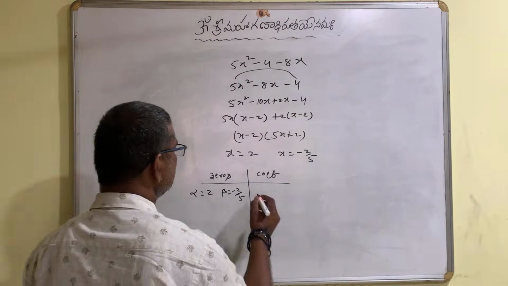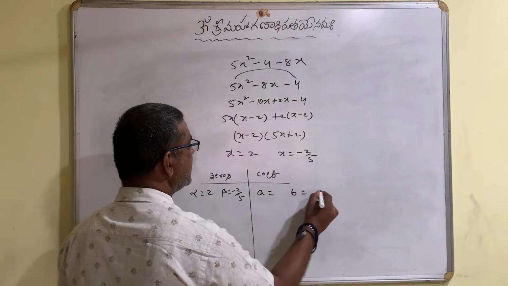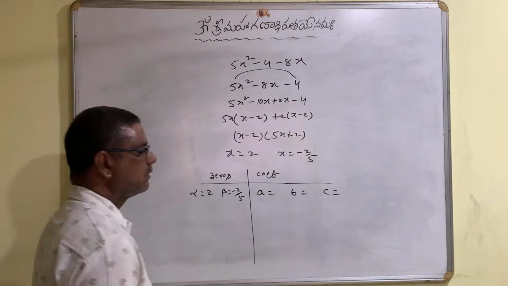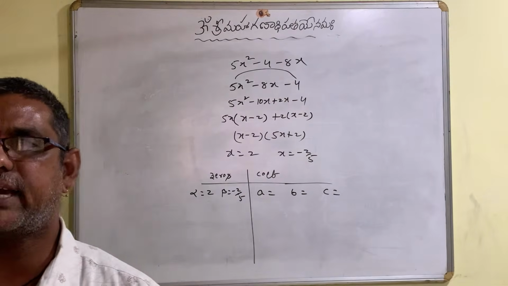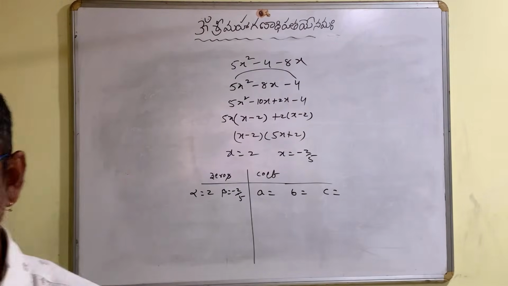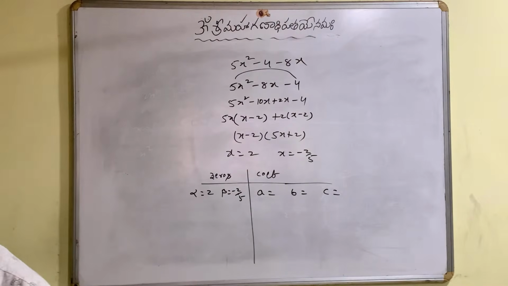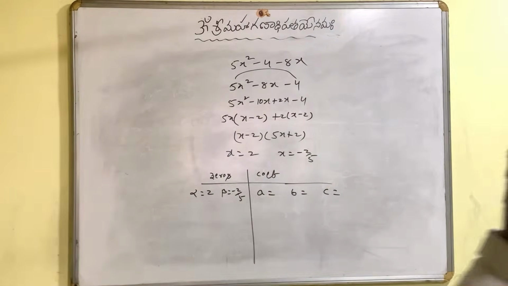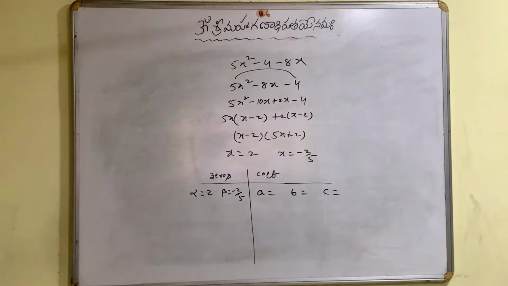And the coefficients are A, B, C. Can anyone say what is A, what is B, what is C?